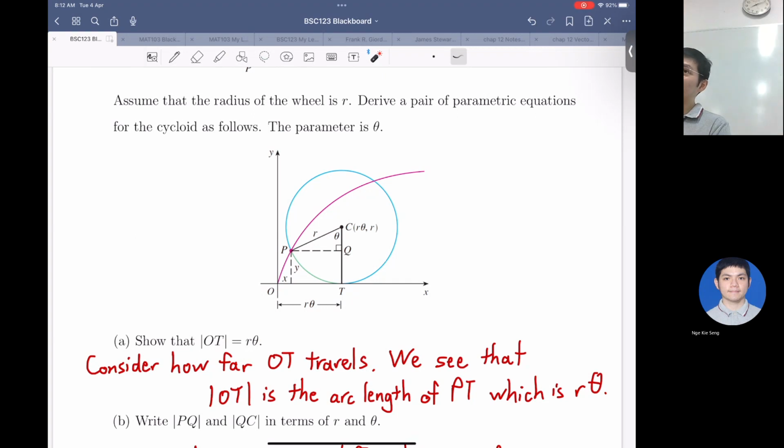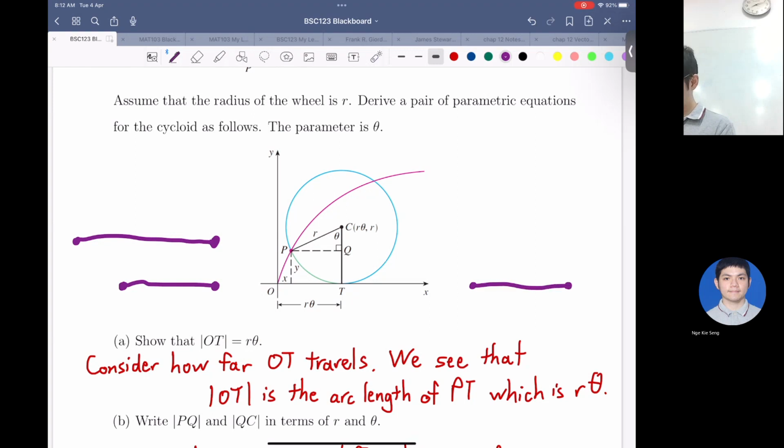Does it make sense? I mean, it's not always true that if you take two lines, and then you somehow bend the other line, and then you draw some curve, these two are the same.